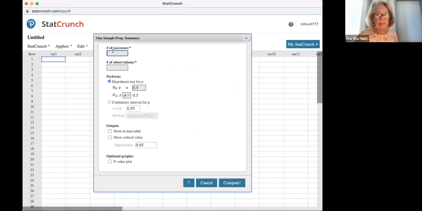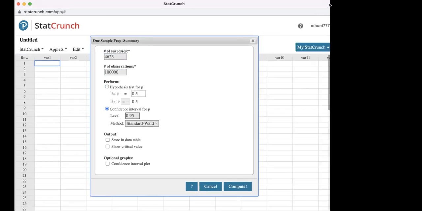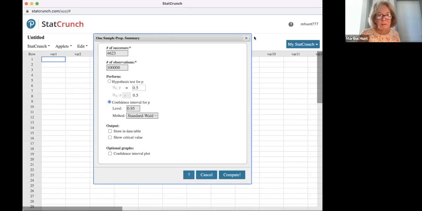They handed us the number of successes, 4623, and the number in the sample, 100,000. And they wanted 95%. Is that correct? Yep. Okay. So 95%, and we're going to compute.